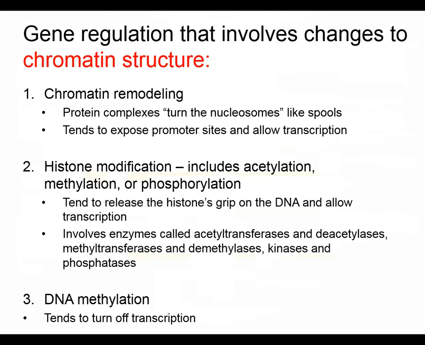And those enzymes act to either add or remove acetyl groups. An acetyl group is two carbons with hydrogen, so it's like a methyl group, but it's a 2-carbon structure. Or methylation, that's a single methyl with 3 H's, CH3. Or phosphorylation, attachment of a phosphate group.